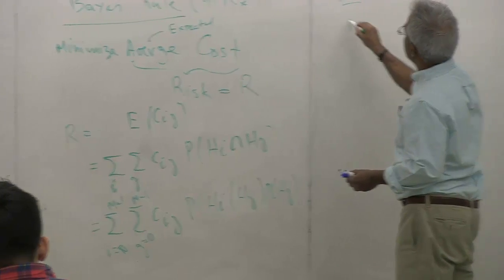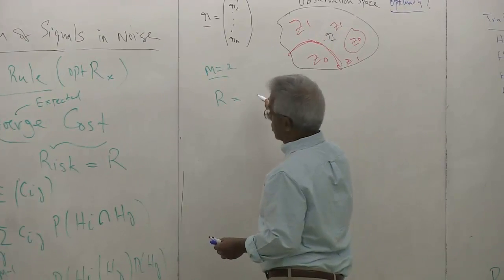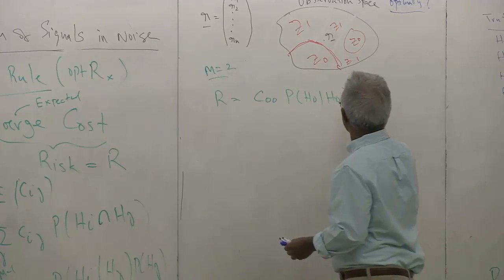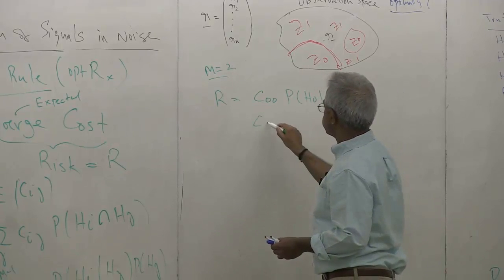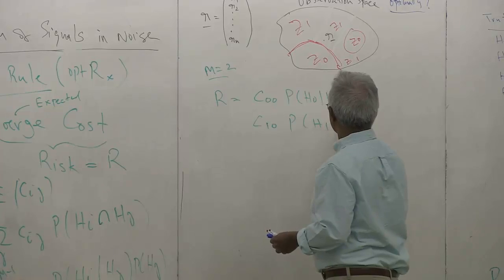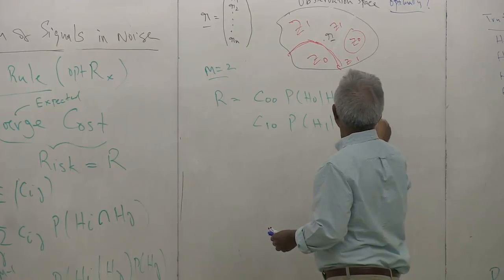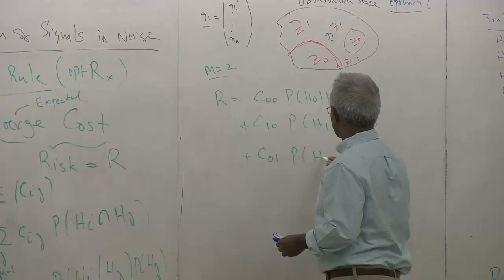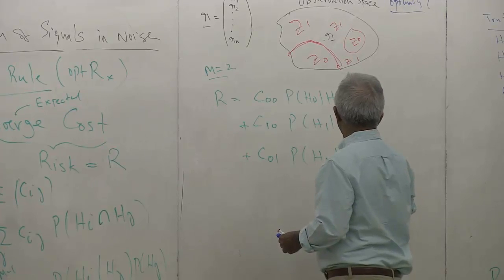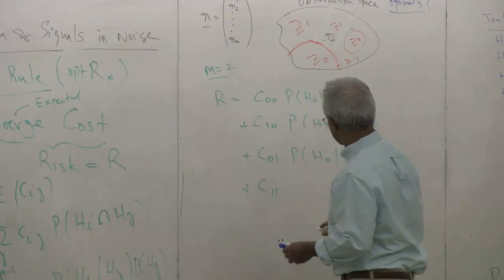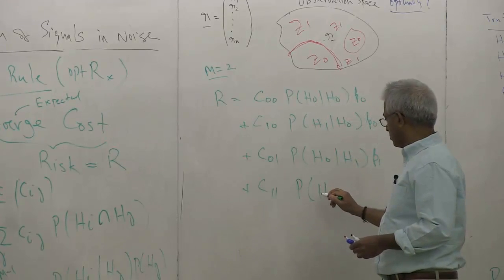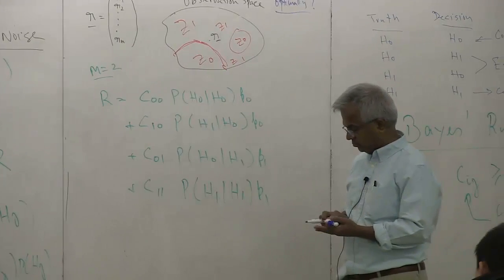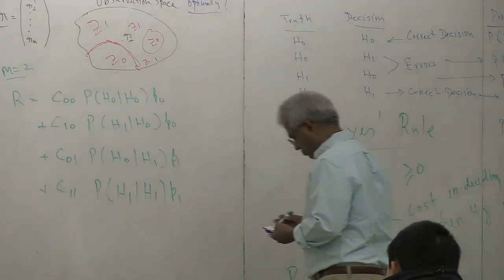So for m equal to 2, this is going to be C00 P... right?